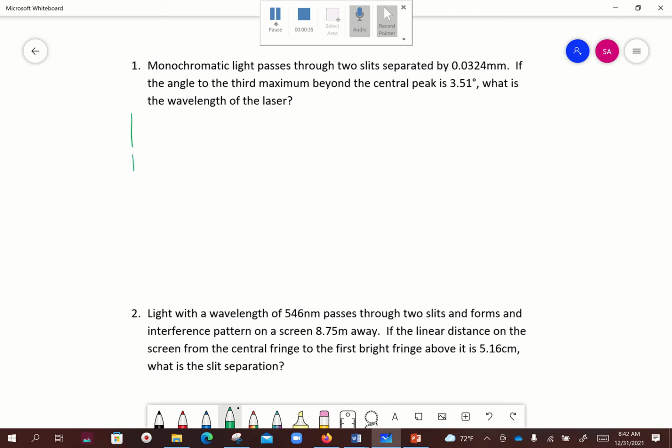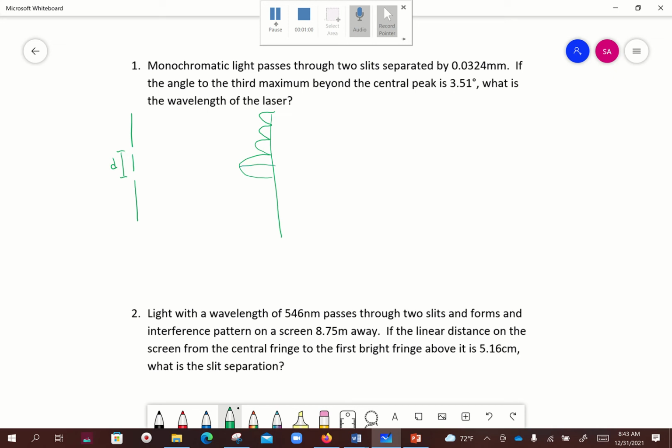We have two slits with a distance d in between them. Light comes through and forms a pattern on a screen or wall, where you have a central peak and then other smaller peaks beyond it. We want to know the third peak beyond the central peak.